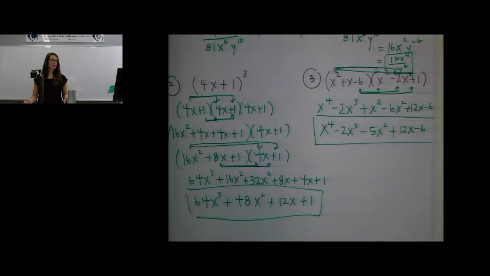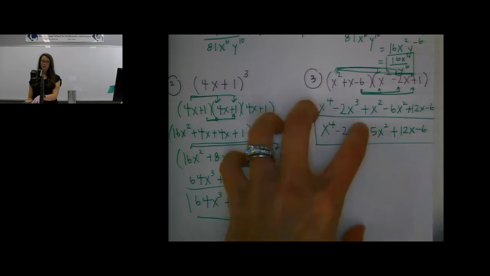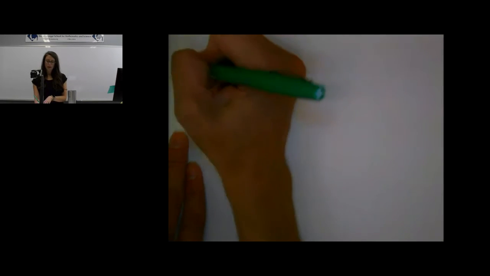Good deal? All right, so now we're just going to brush up and review our factoring. Factoring is the reverse of multiplication. So with our factoring, remember we have all of our rules.